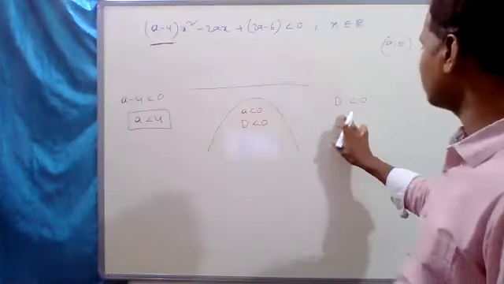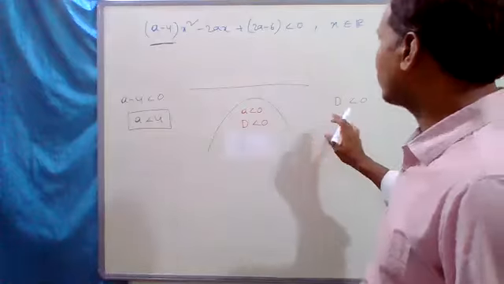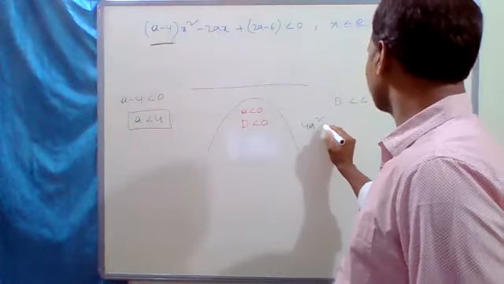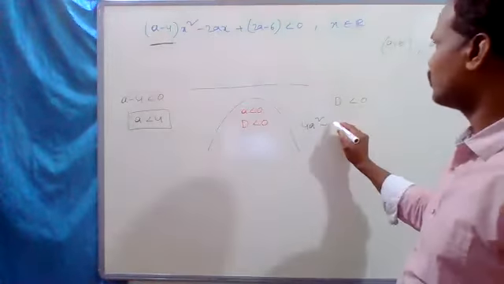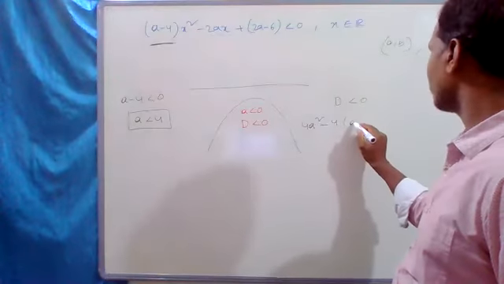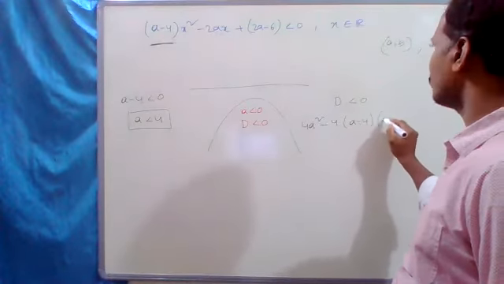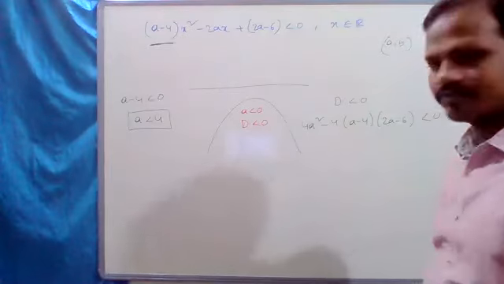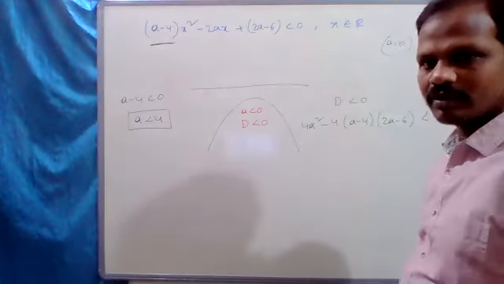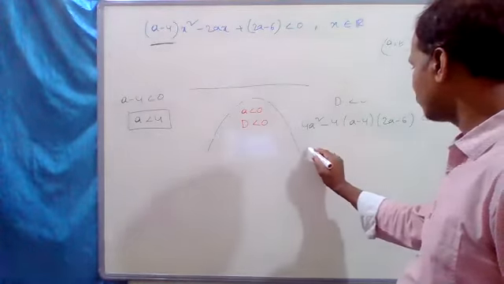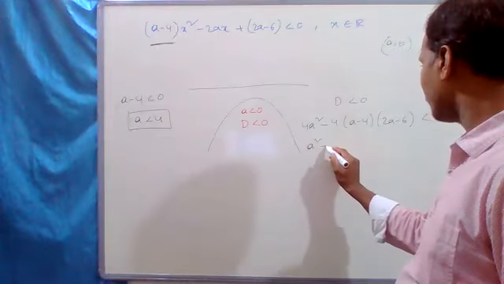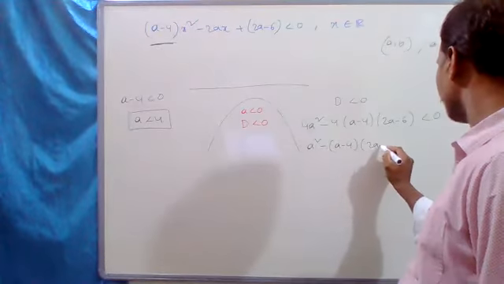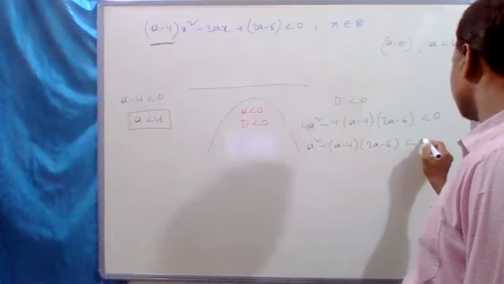Now coming to the second condition, D less than 0, that is b square minus 4ac. That is 4a square minus 4 into a minus 4 into 2a minus 6 is less than 0. Take common 4, that is a square minus a minus 4 into 2a minus 6 is less than 0.